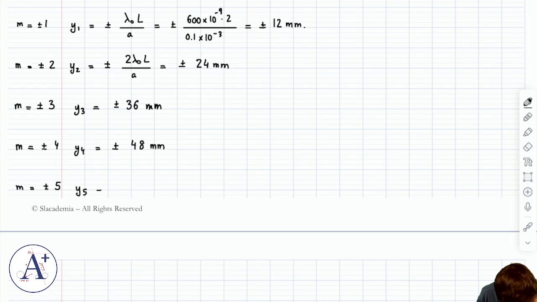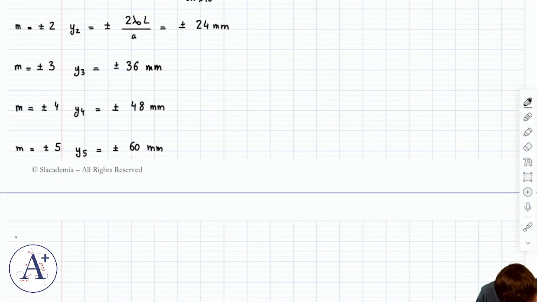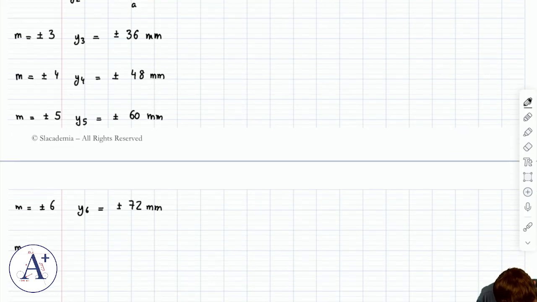This is a bit overkill. If you're good at arithmetic, you can figure out the least common multiple, and it's going to be a lot faster. But let's do it the dumb way to show how you would think through this. y6 is 6 times 12, that's 72. Plus or minus 7, 7 times 12 is 84.